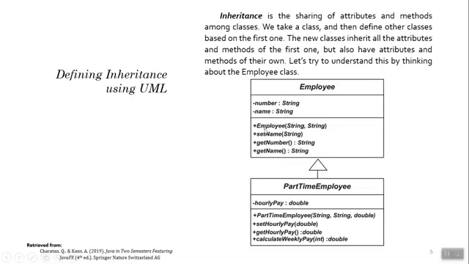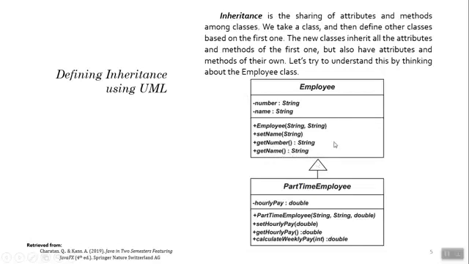Then we have a constructor here, employee, which takes two strings as parameters, and then we have a set name behavior, get number, which returns a string, and get name, which returns a string.